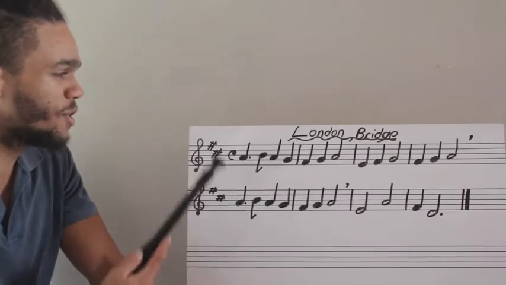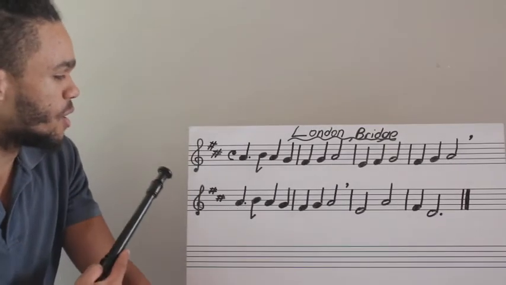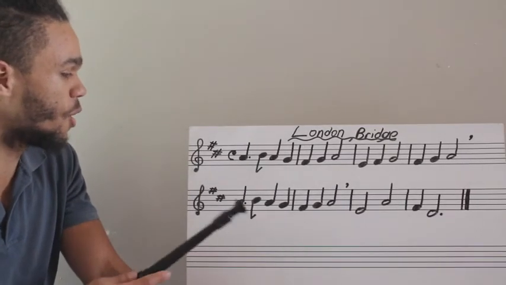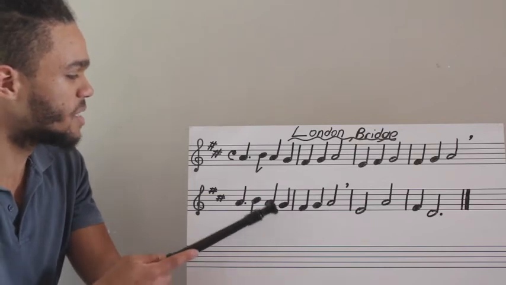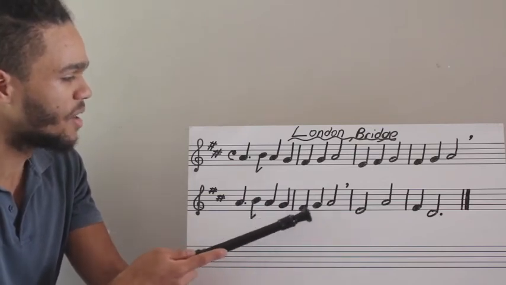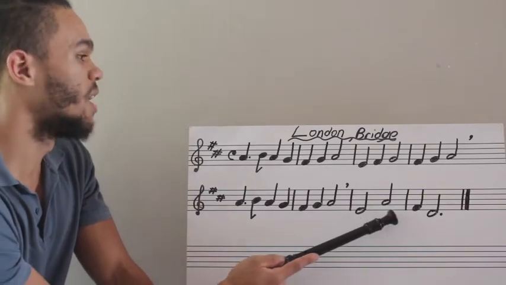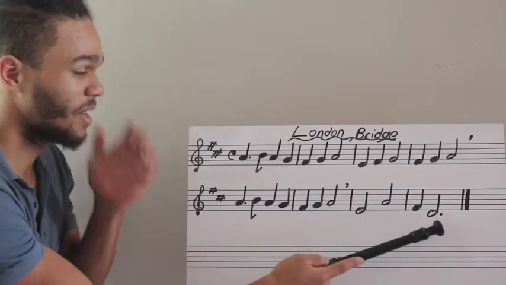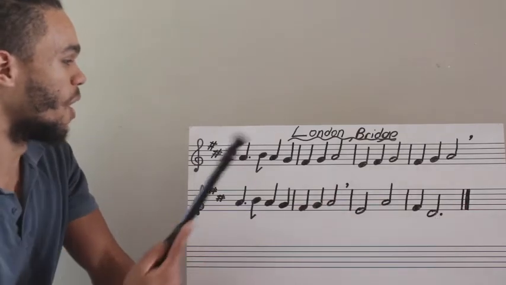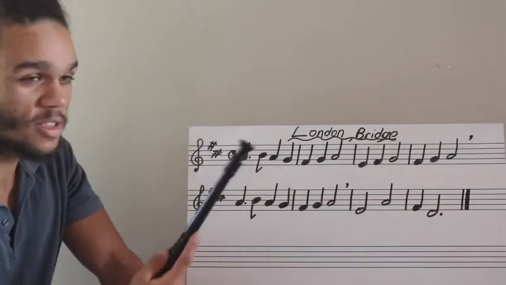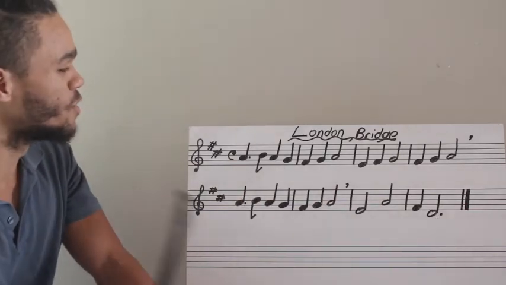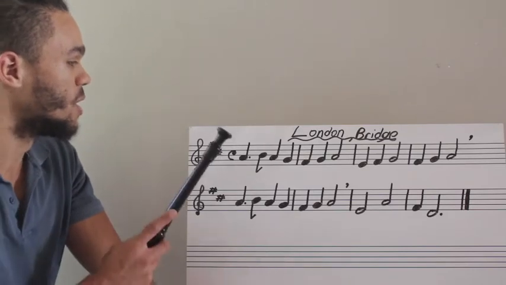Let's try the whole of line 2, then let's put it all together. 1, 2, 3, go! Tum, ti, ta, ta, ta, ta, ta, ah, ta, ah, ta, ah, ta, ta, ah, ah. All right, let's put the whole of line 1 and line 2 together. Ready? 1, 2, 3, let's go.